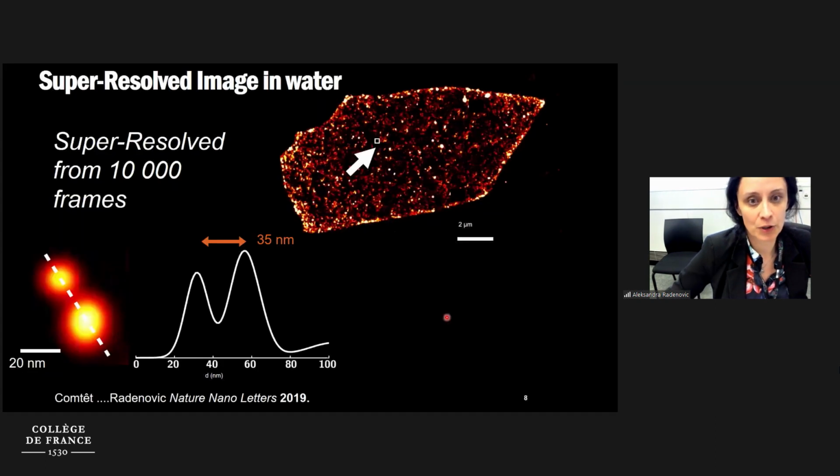And what we have seen is that on CVD-grown hexagonal boron nitride, or on exfoliated hexagonal boron nitride that has been treated with plasma, we have been introducing defects by harsh treatments of these materials, exposing them to oxygen plasma for a short period of time and then immersing them in water.